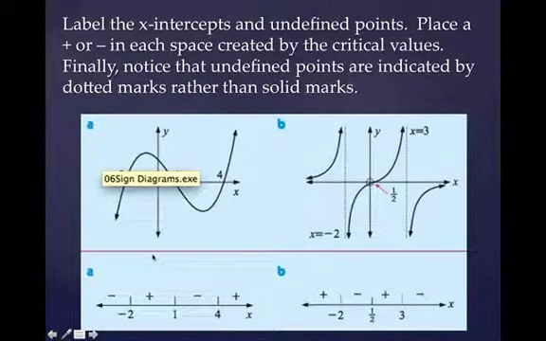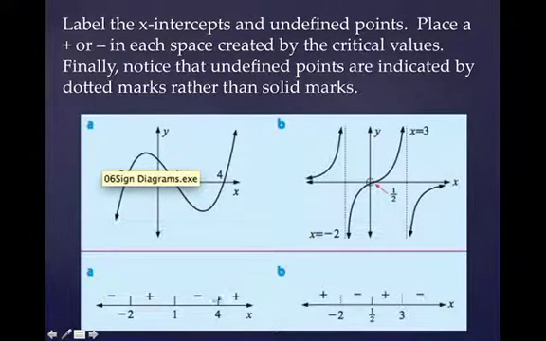Again, we don't need the y-intercept, just the x-intercepts. It's a continuous function. There's no undefined spot, so that's it. So each of these spaces on either side of the numbers need to be filled with a plus or minus sign depending on where the function is above or below the x-axis.